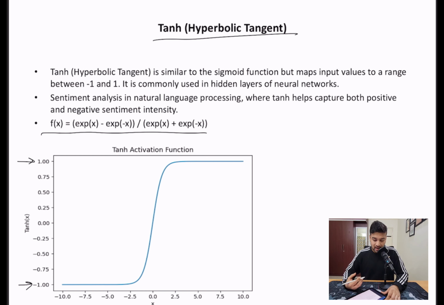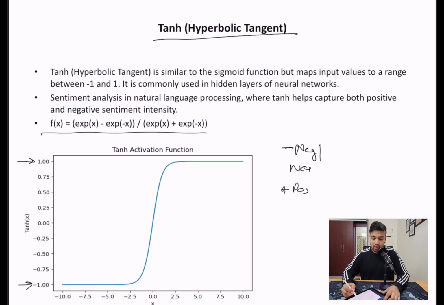So in tasks where you have a problem statement where you want to capture both the positive and the negative sentiment, this is a very good activation function to use, right? For example, sentiment analysis in NLP is a classic example where TanH can help, because in sentiment analysis you have three kinds of sentiments: one is negative, one is neutral, and one is positive.